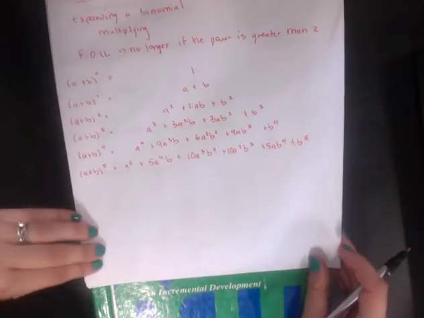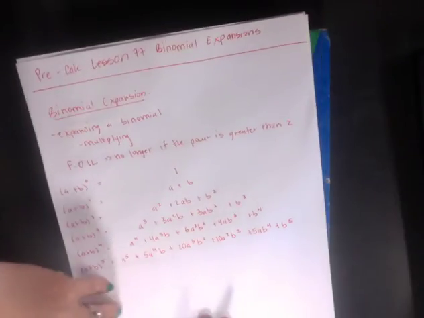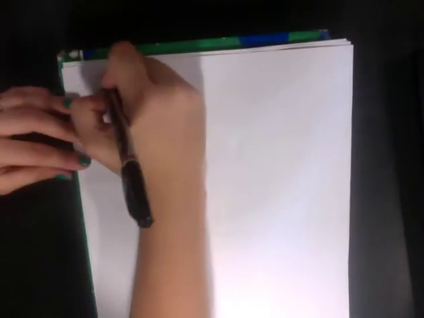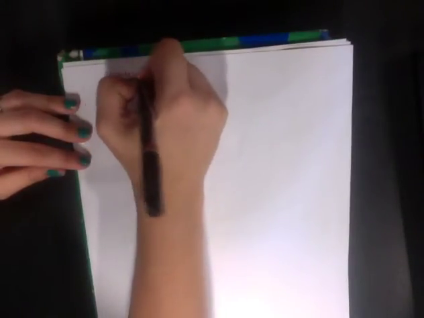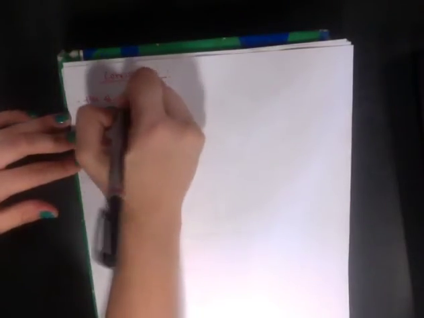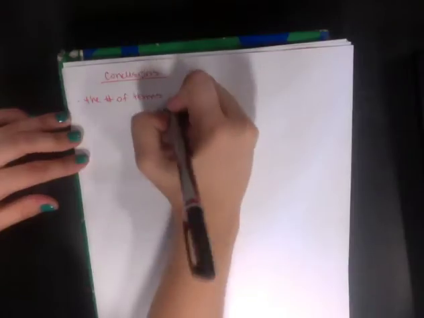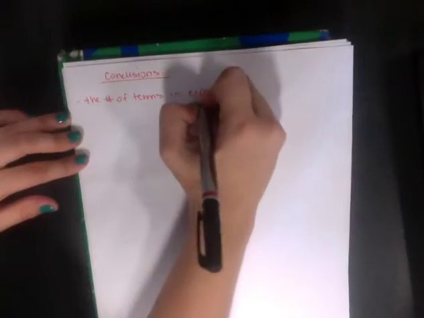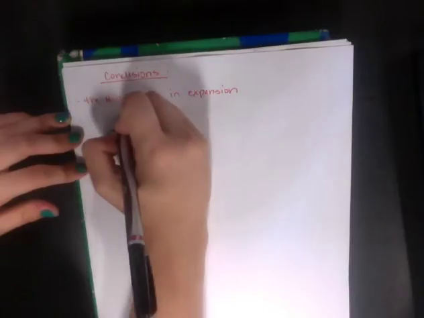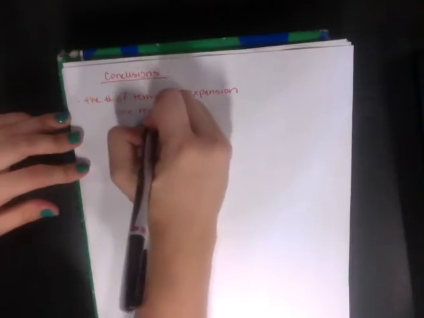Okay, now let's talk about the pattern. If I can grab my paper. The pattern, or conclusions: if we look at the number of terms in an expansion, it is always one more than the exponent.